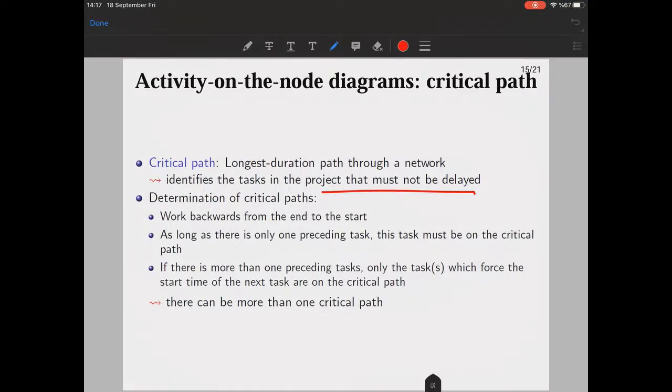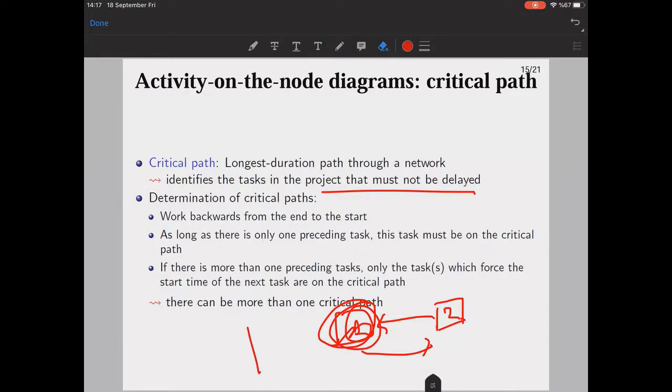How do we determine the critical paths? We can work backwards from the end to the start, from our ultimate goal to the start. As long as there is only one preceding task, this task must be on the critical path. Suppose that you need to finish the first one so that the second one happens here. It means that this should be on the critical path.